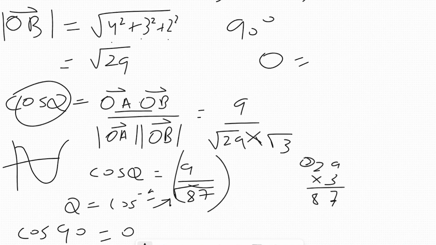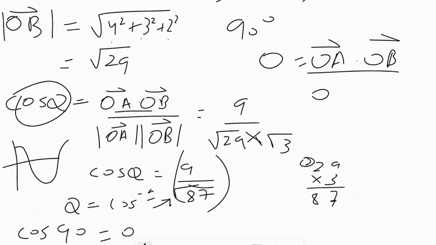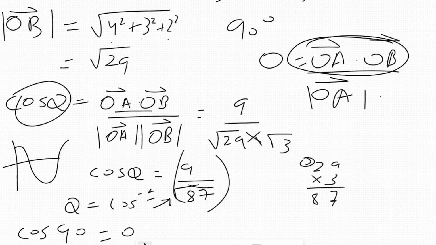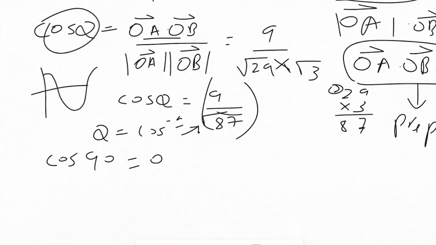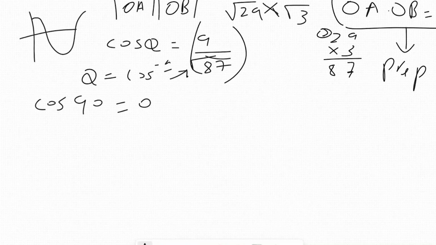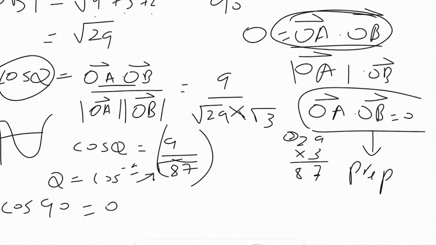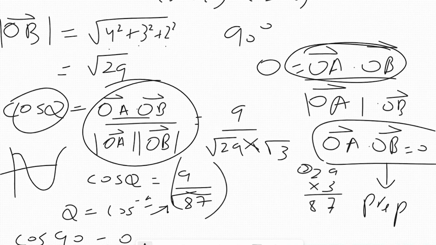And if 0 is equal to OA times OB over the magnitudes, that would mean the scalar product OA times OB is equal to 0. And if that is the case, then the two vectors are perpendicular to each other. And in the case of parallel vectors, the angle between them is 0 degrees, so cos 0 is equal to 1, and then this entire thing would be equal to 1.